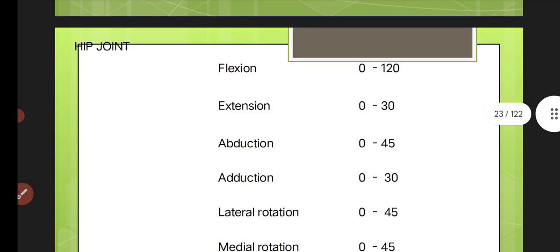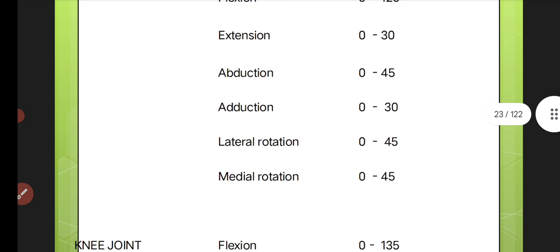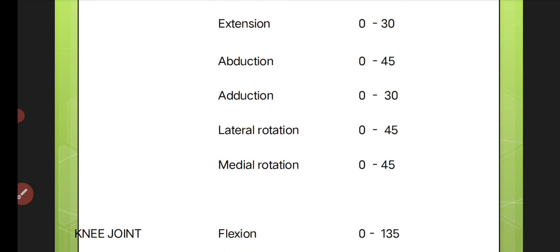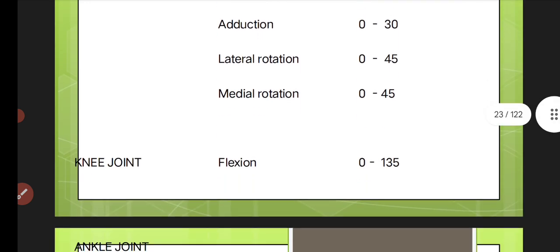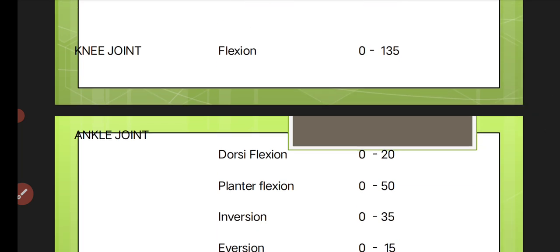In case of hip joint, flexion is 0 to 120 degrees, extension is 0 to 30 degrees, abduction is 0 to 45, adduction is 0 to 30 degrees, lateral rotation is 0 to 45, medial rotation is 0 to 45. Knee joint flexion 0 to 135, and extension will be 135 to 0.